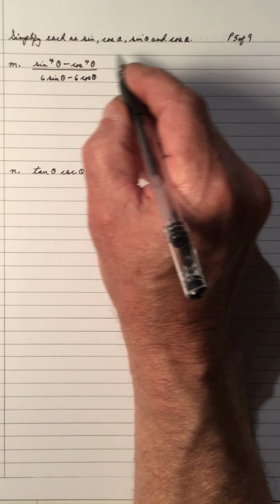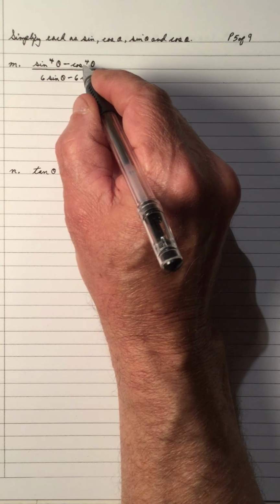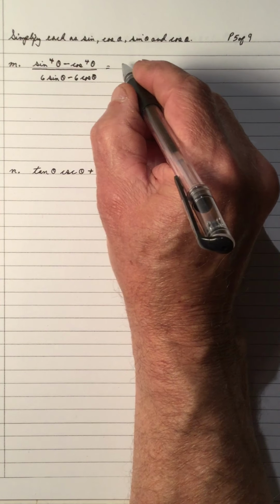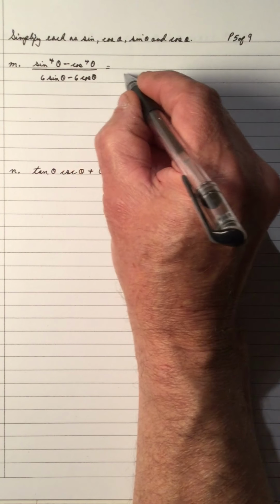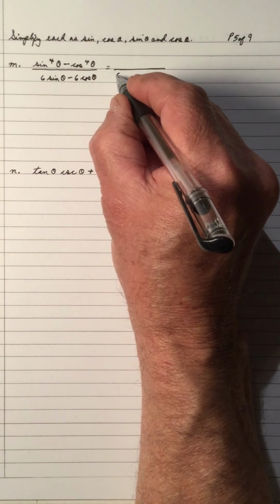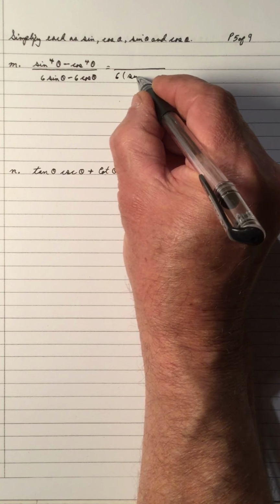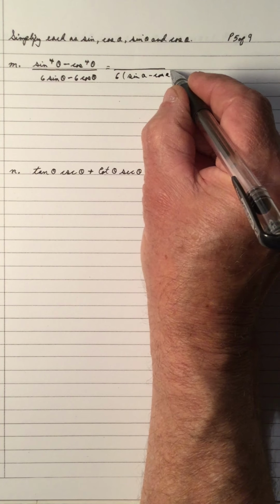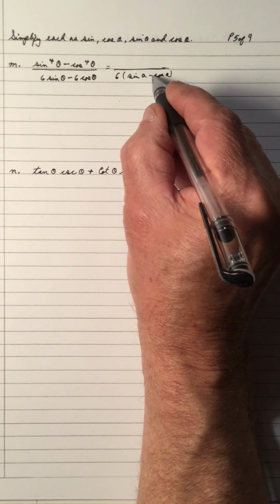Okay, simplify each, same again. And we have sine to the fourth minus cos to the fourth. And I recognize that this is 6, this is down on the bottom. So if I take 6 as the GCF on the bottom, I get sine theta minus cos theta. And that's factored.